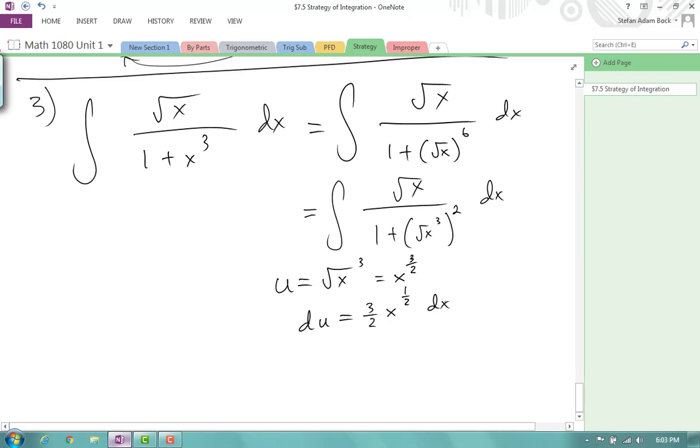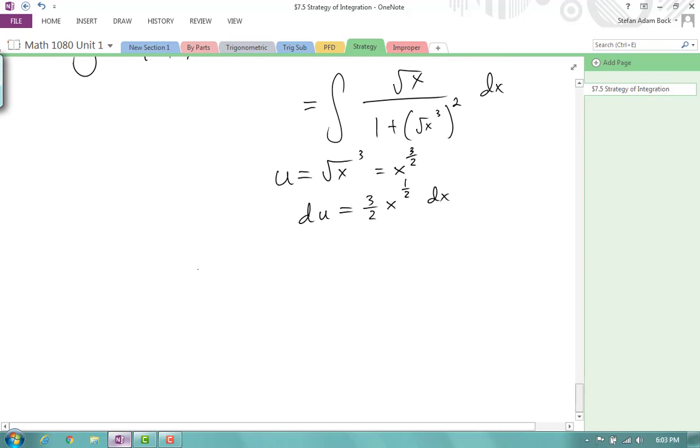This changes my integral with a u substitution to look like the integral of 2/3 of the integral. The square root and the dx become the du, so I have 1 over 1 plus u squared du.